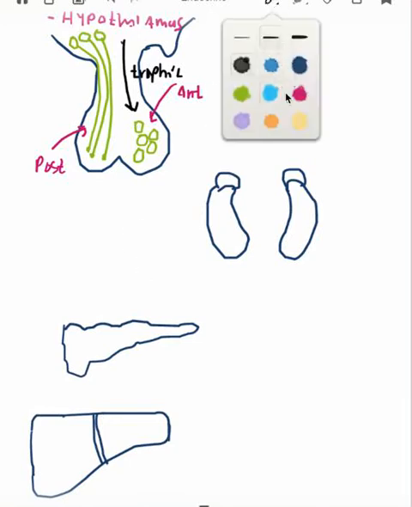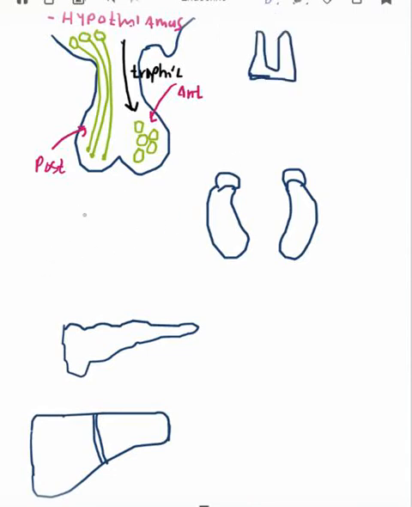So now let's talk about some of the major hormones. I'm not going to talk about every one, but the major hormones that we've talked about in class so far. Let's start with the posterior pituitary hormones, and these include oxytocin and ADH, which is anti-diuretic hormone.